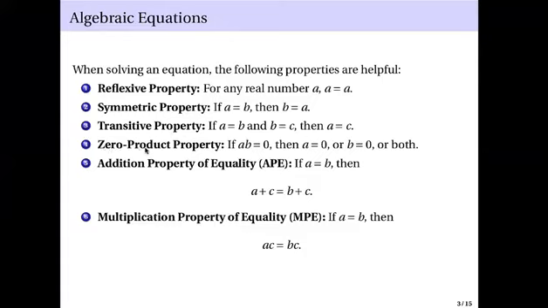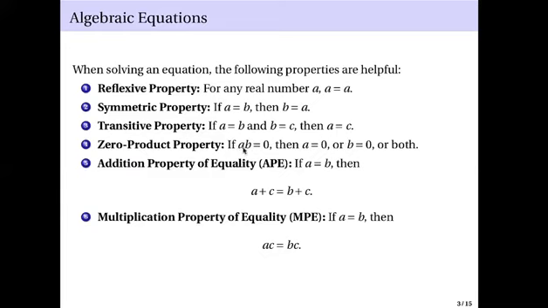Now, we have the following property here, the zero product property. So what is this property? If you have the product AB and that product is equal to 0, then either A equals 0 or B equals 0, or both of them are equal to 0.